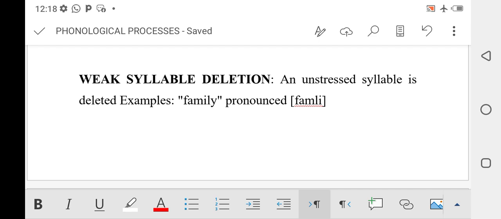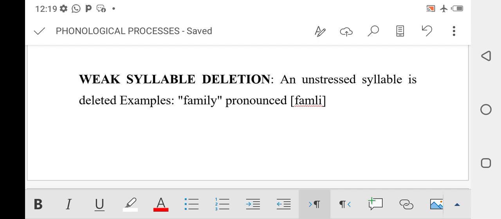You could divide the stressing of a syllable into primary stress, secondary stress, and no stress. So let's look at family, which has 3 syllables. The primary stress falls on fa, that is the stressed syllable. The secondary stress falls on li. Now ma is the no stress, so that is the weakest syllable.